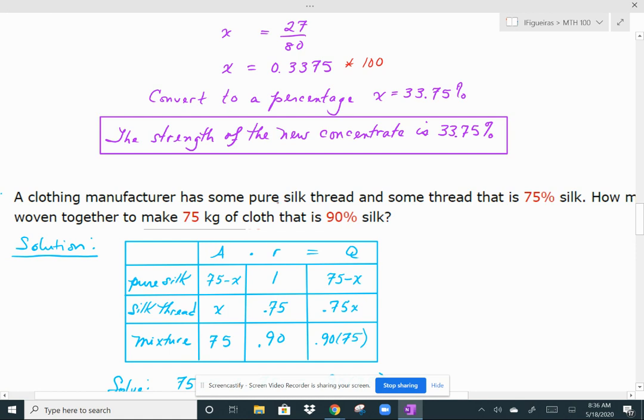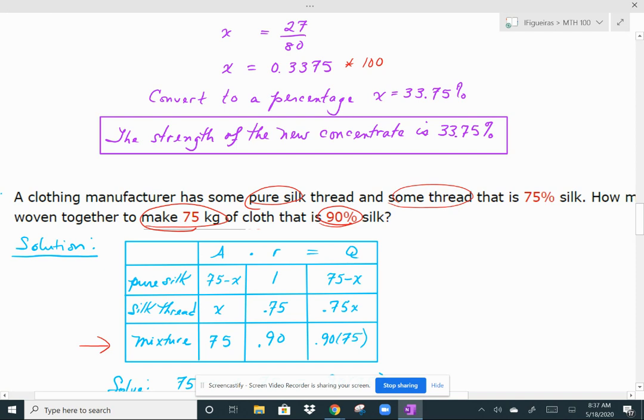Your ingredients are pure silk and some other type of silk thread that's being combined with it to create another silk thread that isn't quite as pure.